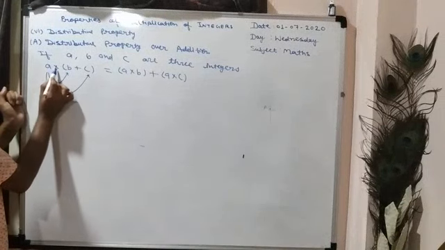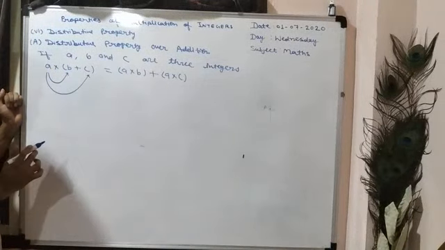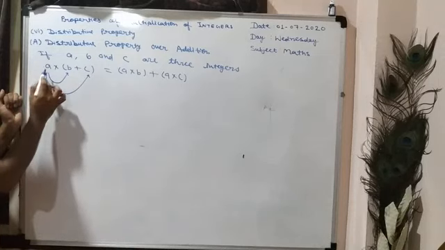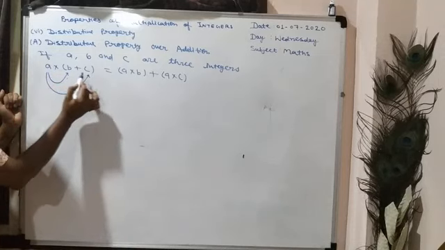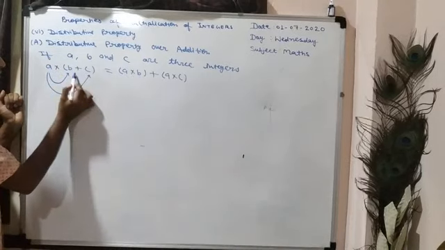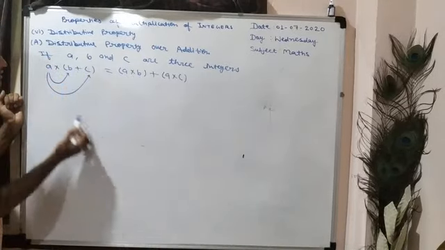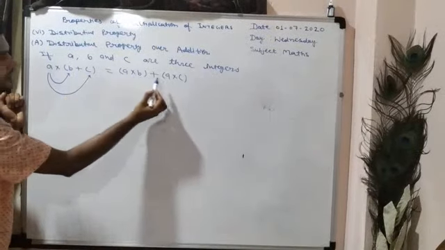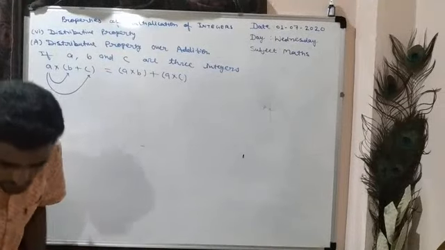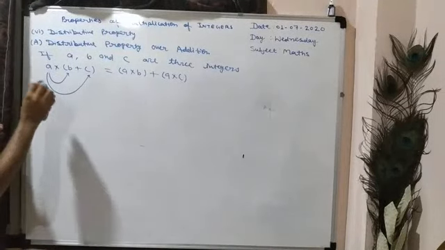What is the meaning of this property? A into B plus C. So what will be the final result? A into B plus A into C. This is the distributive property over addition.